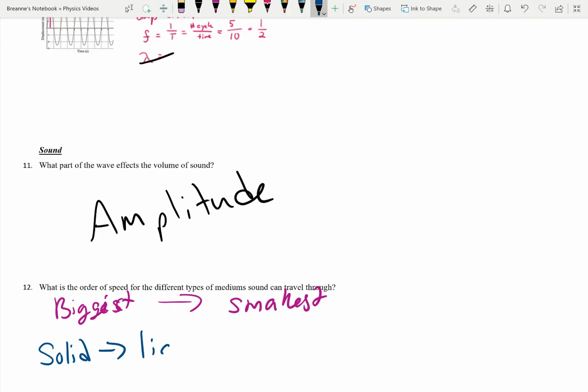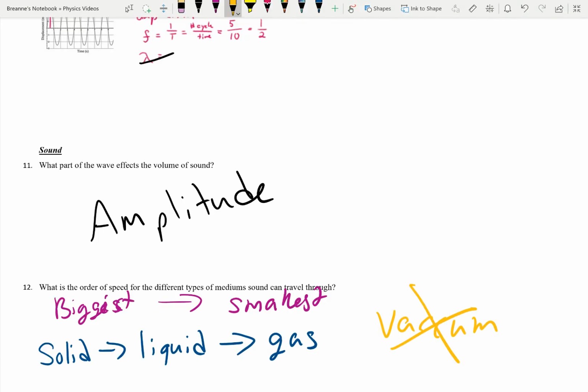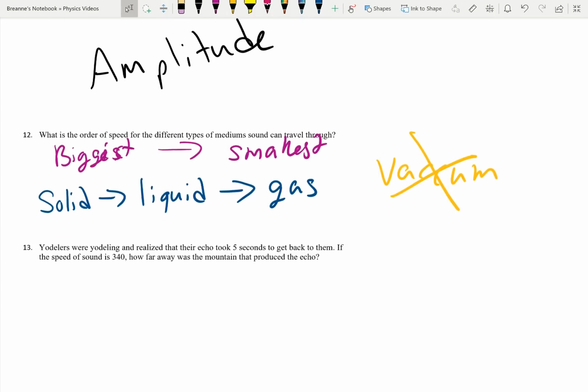Then it would go to liquid, and then it would go to gas. Sound cannot travel through a vacuum.